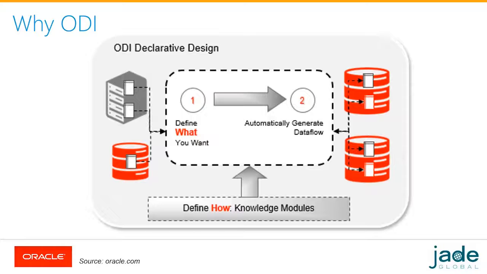Now, from an IT perspective, it is very important to pick the right enterprise ETL tool. These are the key highlights of the tool. The declarative design, simplified development, and reusable components of ODI make it easier for existing team members with SQL expertise to learn and manage it with their current skill sets.